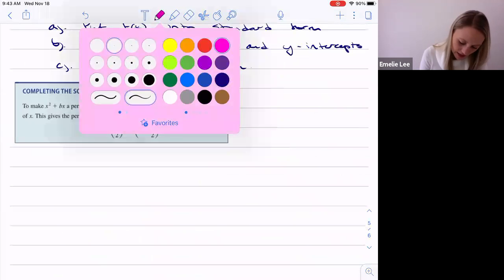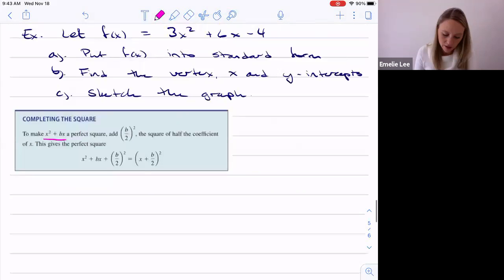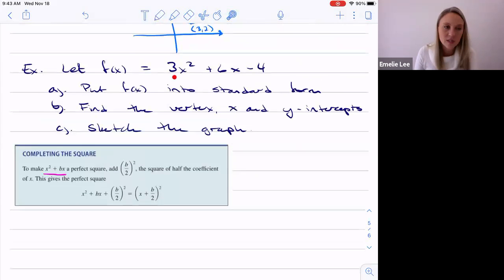Notice that we need to have just x squared plus bx. In our case, we have some sort of ax squared. Already, I know this thing is pointing up. Just from looking at this, I know a is positive, so it's pointing upwards. So I already have some clue about what this thing looks like.